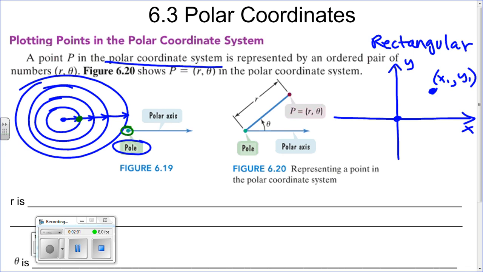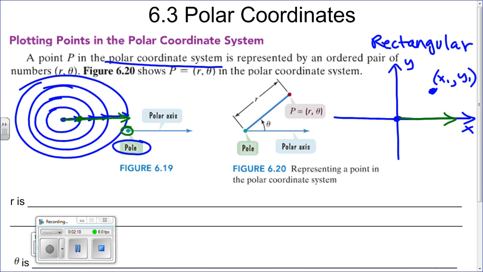And what we usually refer to as the positive x-axis on the rectangular coordinate system, we will refer to as the polar axis in the polar coordinate system. Do we see the similarities there?